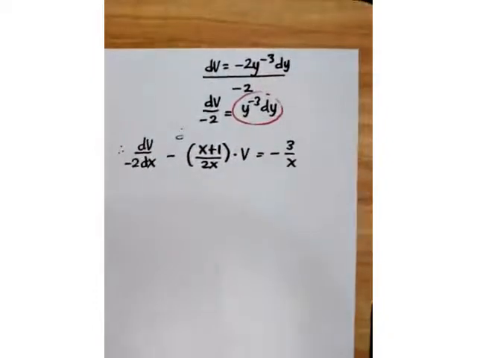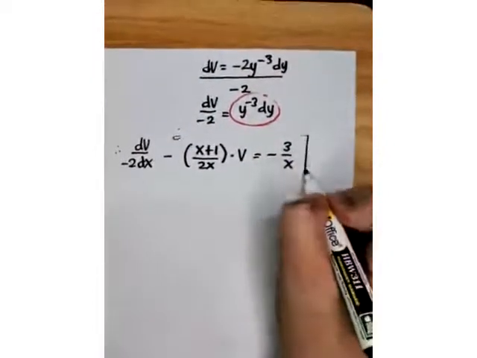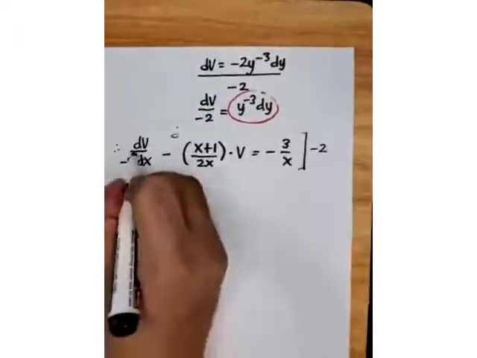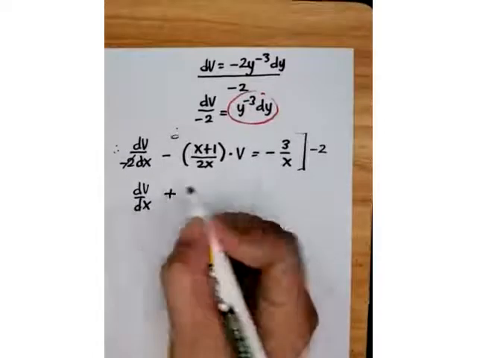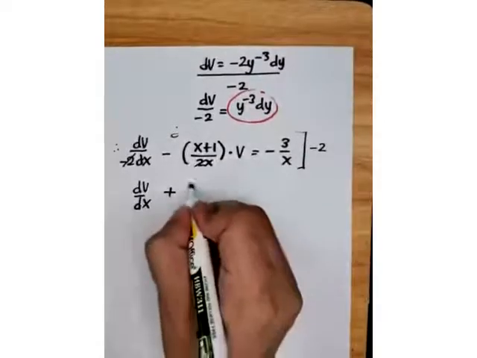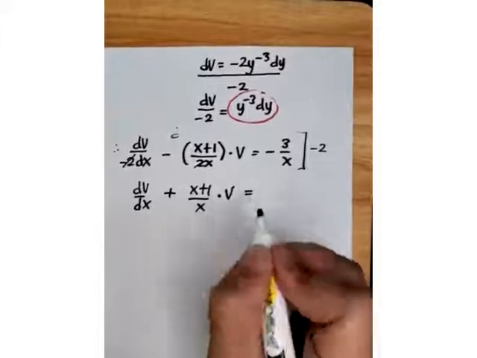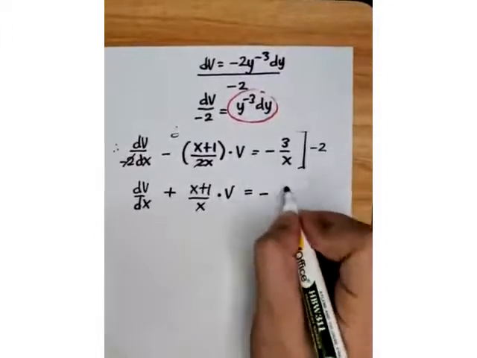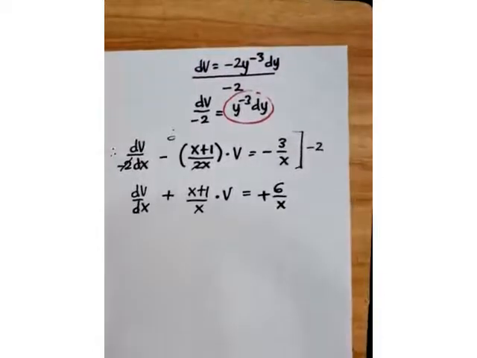And then, multiply na, dapat mawala ito. So, multiply natin siya ng negative 2. So, paano makancel yun? So, dv over dx plus, cancel din yon, x plus 1 over x times v is equal to positive 6 over x.